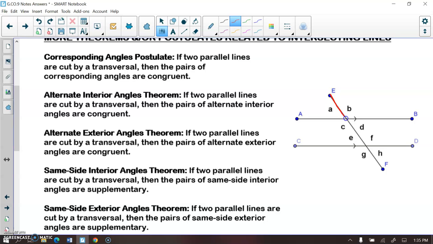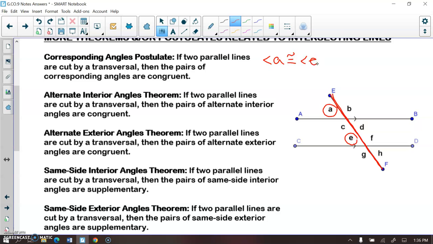So if I look on the left of my transversal, which is EF, and I look at the angles that are above my two parallel lines, so my first parallel line, I look at the left and above that parallel line, I have angle A. And if I look to the left of the transversal and above my second parallel line, that's angle E. Those are corresponding angles. And since we're dealing with parallel lines, those corresponding angles are congruent.